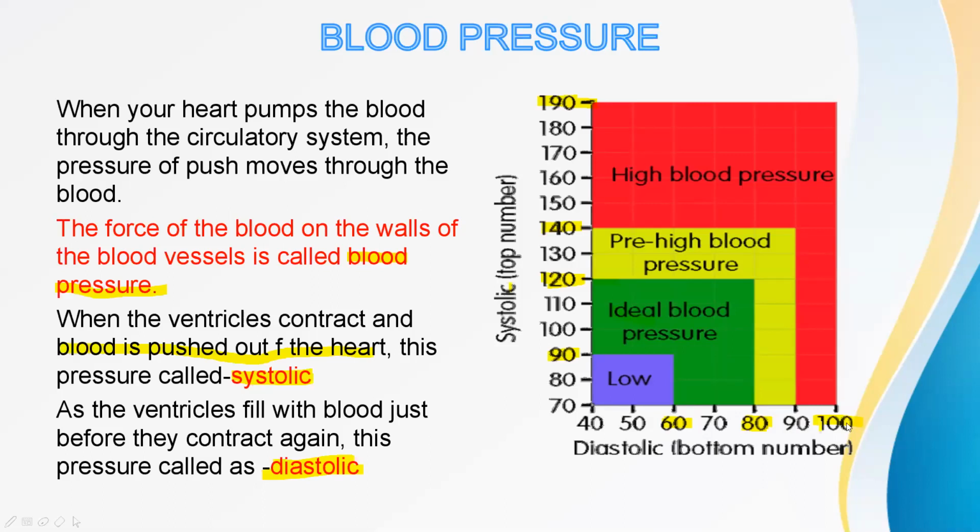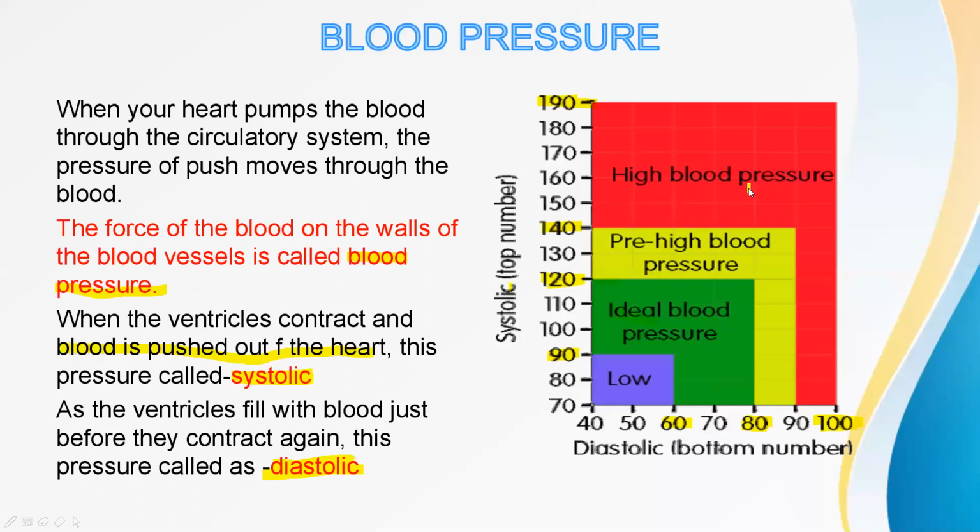So when you have high blood pressure, it indicates that your heart is pumping more blood, working more than normal, pumping a lot of blood. So these are the indications of blood pressure.